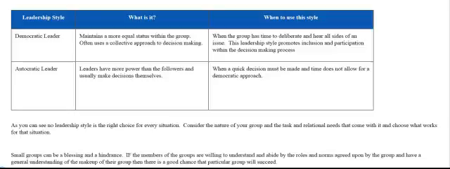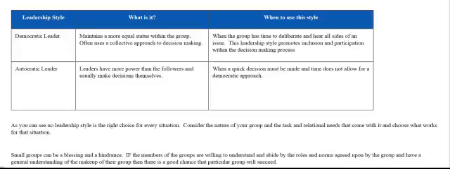When the group has time to deliberate and to hear all sides of an issue, this is the best choice. So if you've got the time to make decisions, to talk things through, then you want a democratic leader. This leadership style promotes inclusion and participation within the decision-making process. Typically, it's a good route to take unless you are on a tight time scale, which the next one shows.